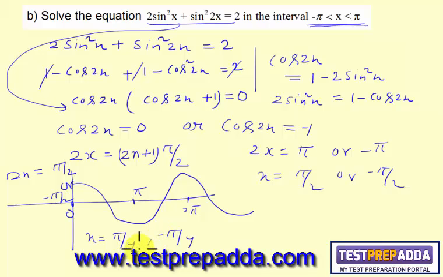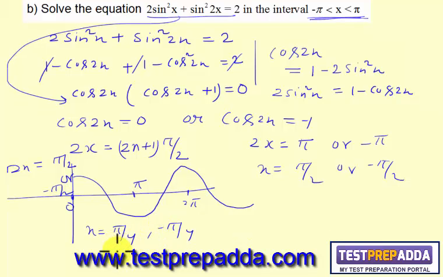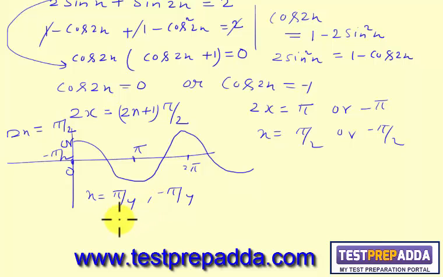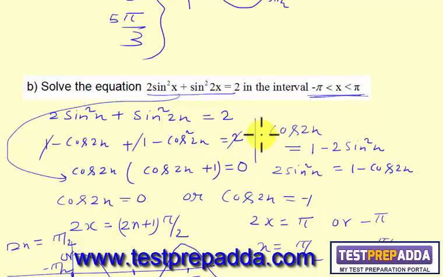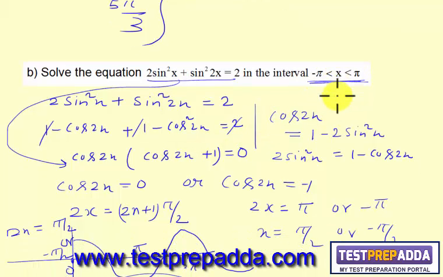Similarly, if it is pi by 4, it can be 3 pi by 4 also, and similarly minus 3 pi by 4. All these values are within the domain minus pi to pi.